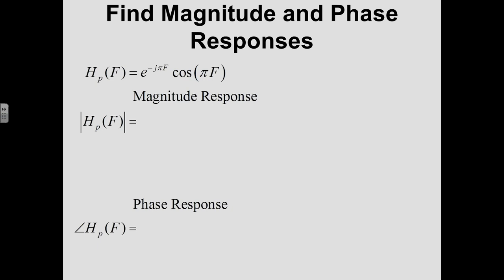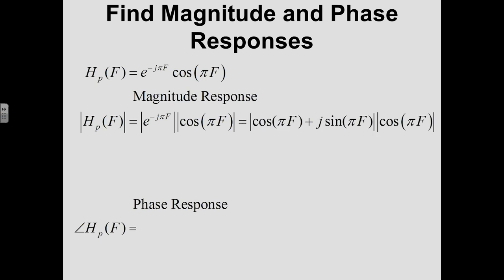If we take the magnitude of this complex function, well, it's a product of two functions. It's a complex exponential multiplied by a cosine function. So if we want the overall magnitude of the product, we would take the product of the magnitude of the first function times the magnitude of the second function. The first function, the complex exponential, is cosine pi f minus j sine pi f, and the second term is a cosine pi f.